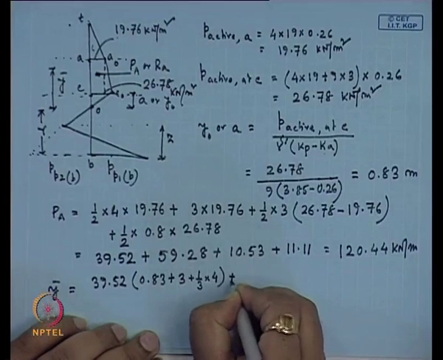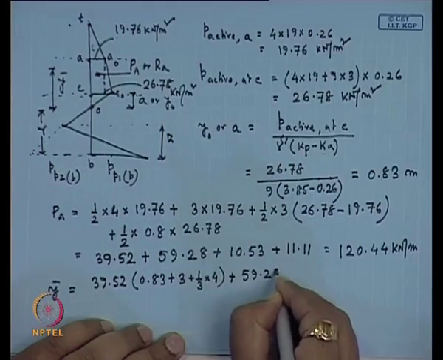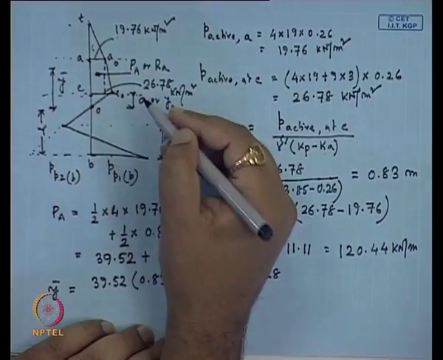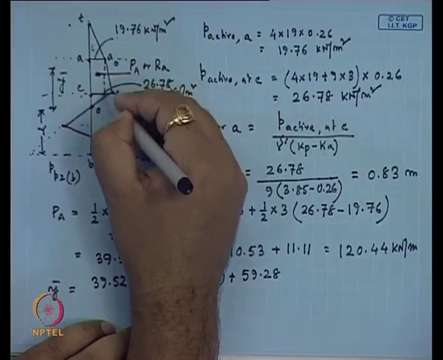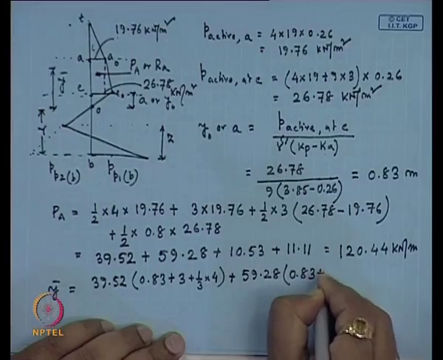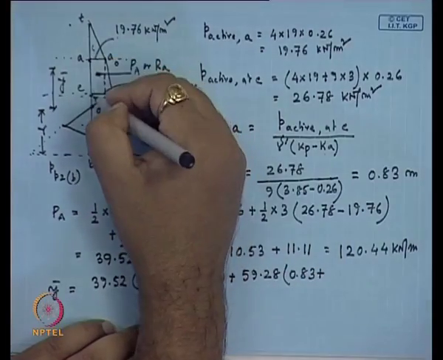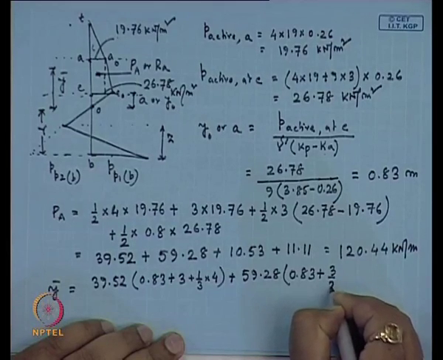Then the next one is 59.28 for this rectangular area, which acts at half of this rectangular area. So, that means 0.83 plus this 3 meter, so 3 by 2.